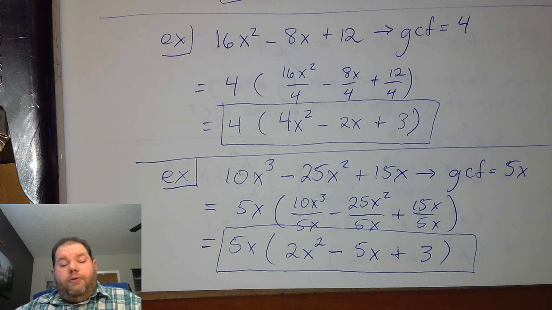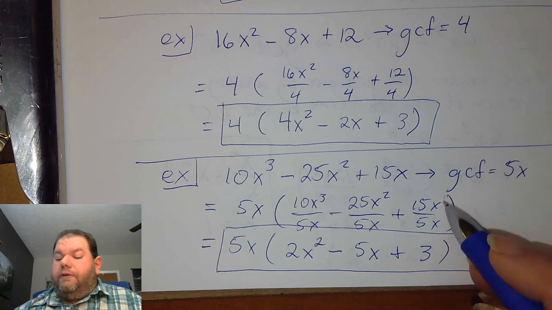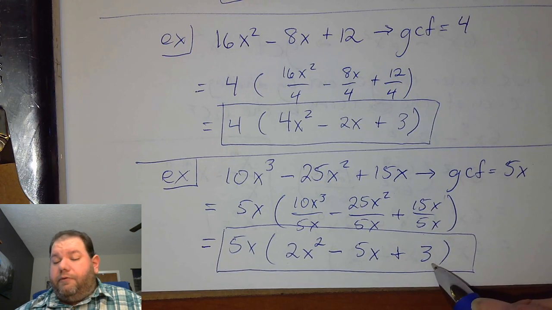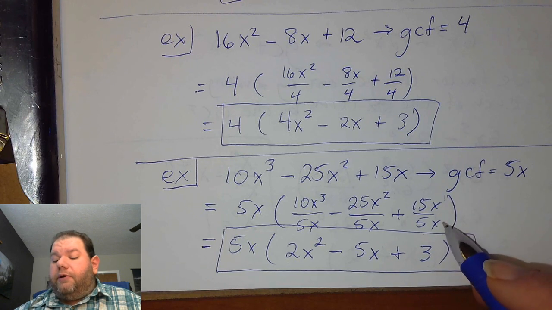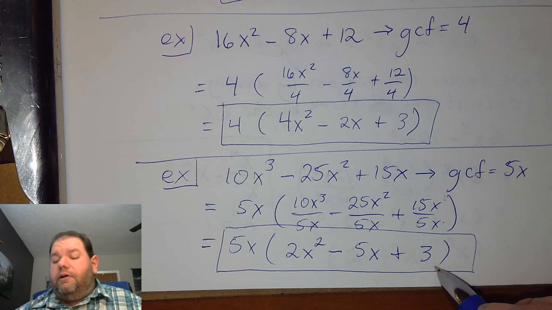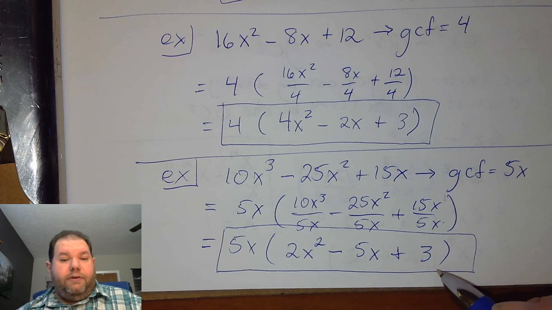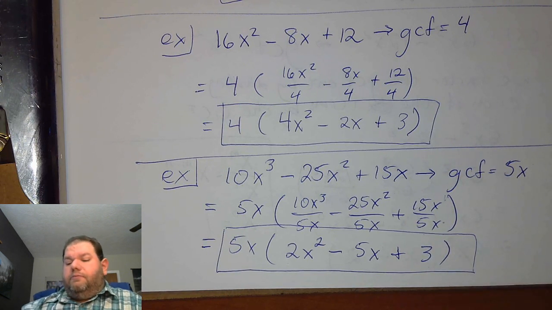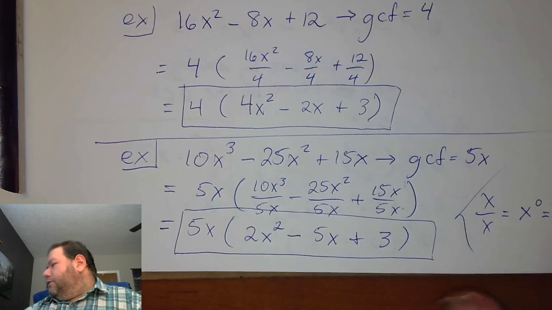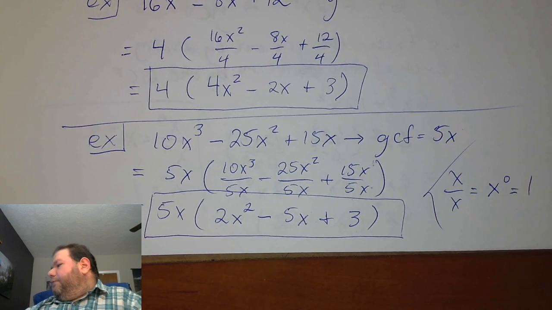Yeah, because both of them have x to the first power, we know 15x to the first over 5x to the first. 15 divided by 5, we already have that as 3. X to the 1 over x to the 1, we subtract 1 minus 1, so it's x to the 0, which again, x to the 0 we said is equal to 1. I wrote that and then you can't see it. There you go.